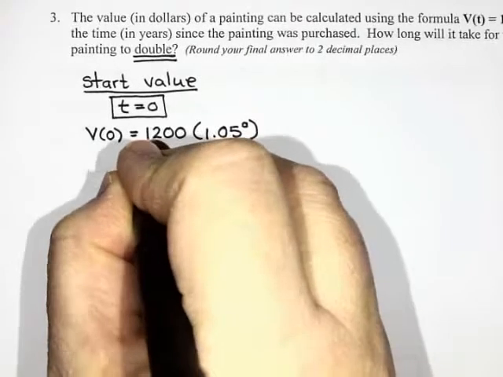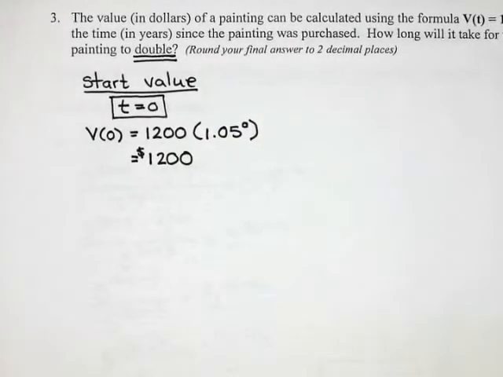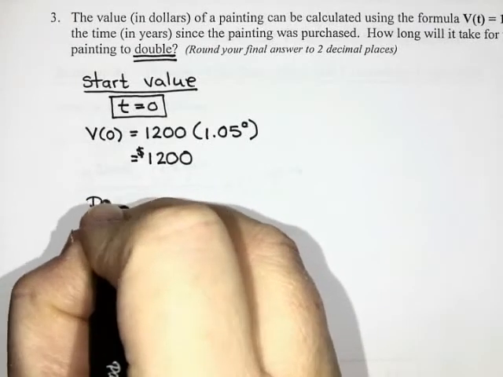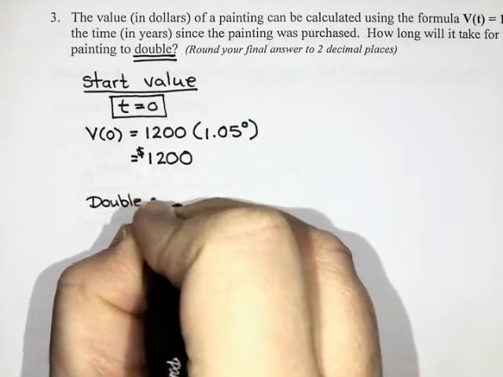So what that tells me is the starting value of the painting is $1,200. They purchased it for $1,200. So why do I want to know that? Well, we want to know how long it takes for the painting to double in value. So I'm going to calculate what double the value is.